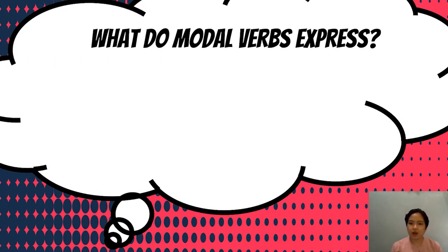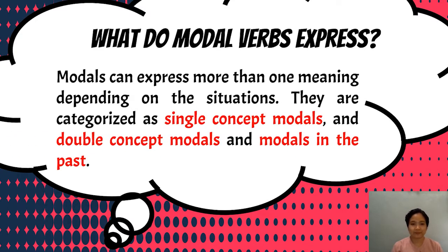After the form and the structure, what do modal verbs express? They can express more than one meaning depending on the situations. Now, they have three categories: single concept modals, double concept modals, and the last one is the modals in the past.